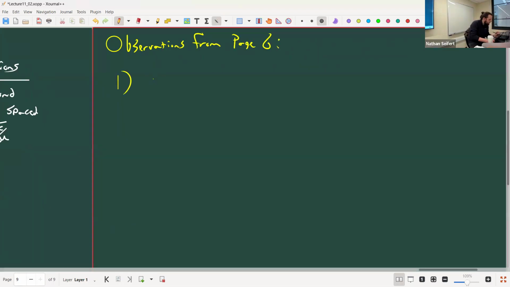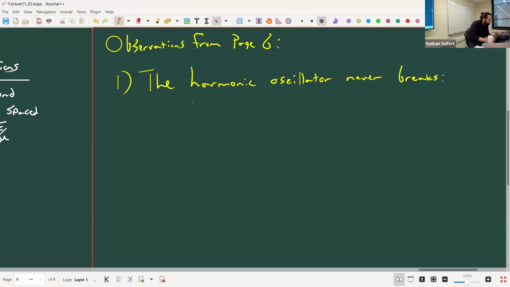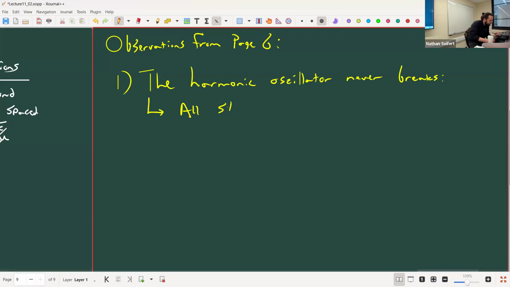One, the harmonic oscillator never breaks. All states of the bond are bound.